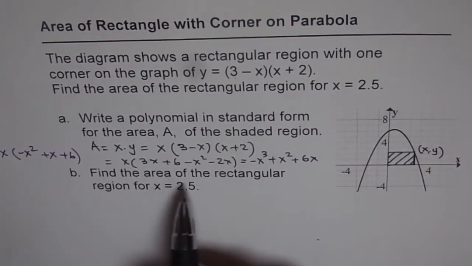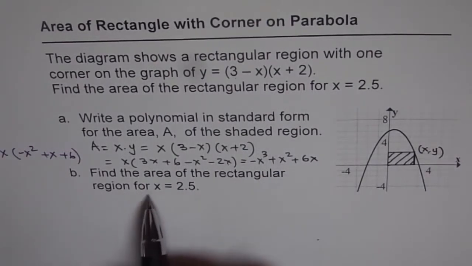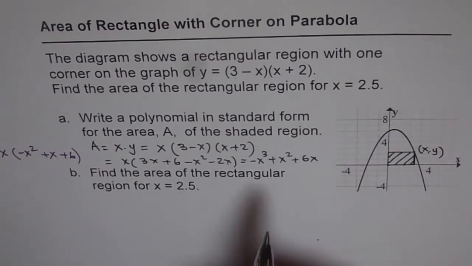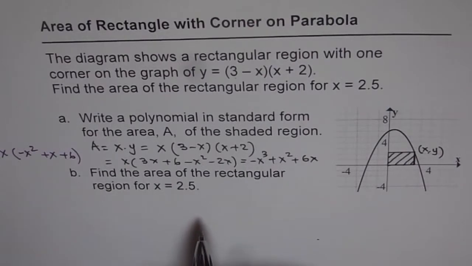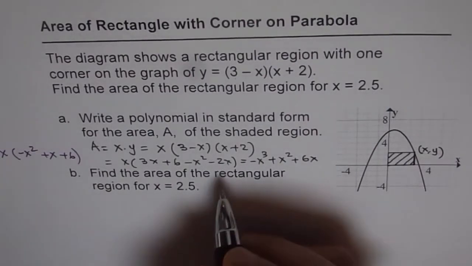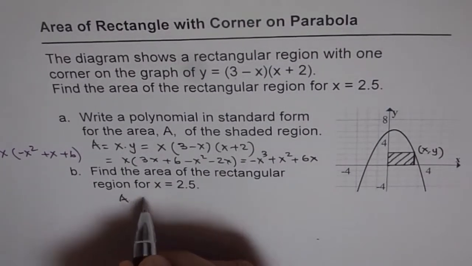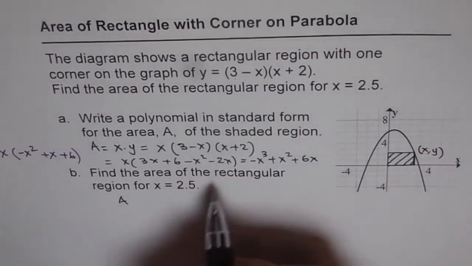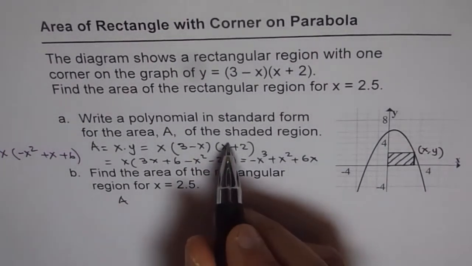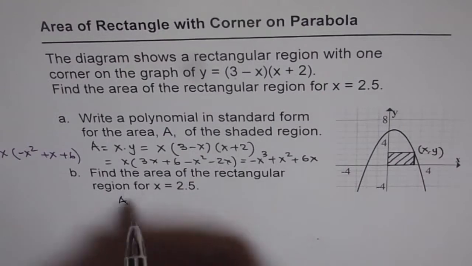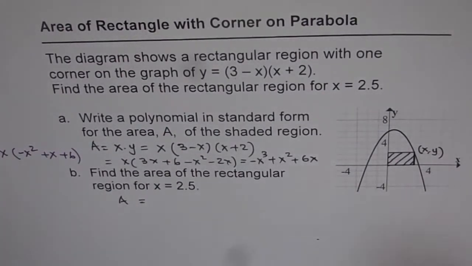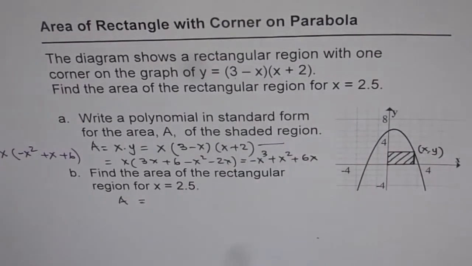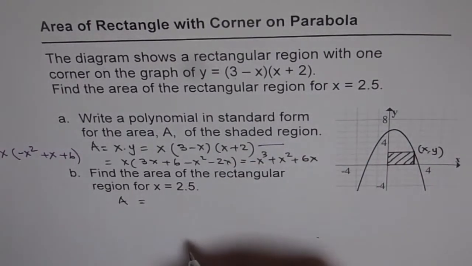Now it says find the area of the rectangular region for x equals 2.5. So you can plug in the value 2.5 here and find the area, right? So either way you could do it, but I'll prefer using the factored form, and you'll see how easy it is to use. So I'm utilizing the expression which is given in factored form.